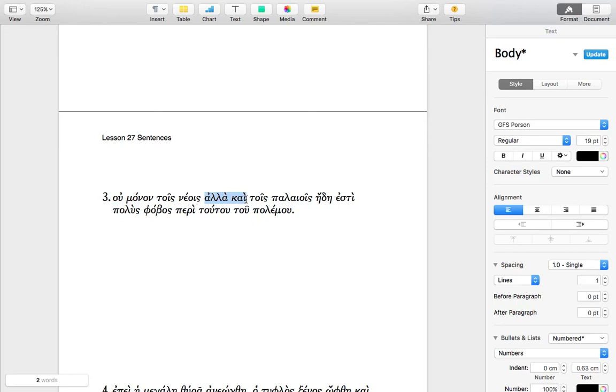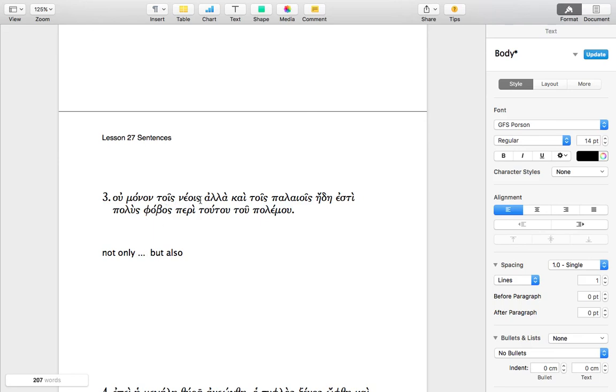Guess what? You have an alakai here, right? Umanon, alakai means not only. Umanon, not only. Alakai, but also. So we know it's like a not only, but also sort of construction, right? If you can see that, it's nice to just sort of get that.